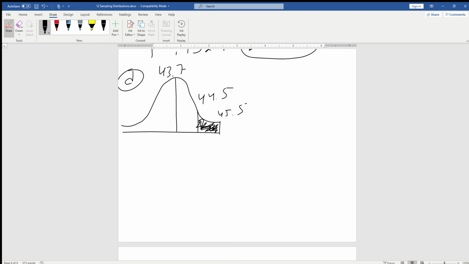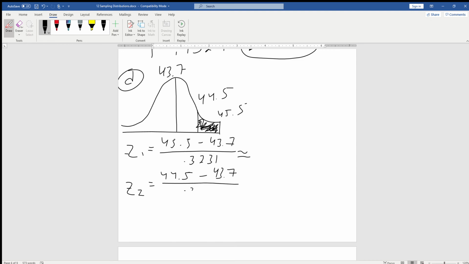Now, we have to do two z's, so I'm going to find z sub 1 and z sub 2, and then subtract for between. For z1, I always take the bigger number: 45.5 minus 43.7 divided by 0.3231. Z2 is going to be 44.5 minus 43.7 divided by 0.3231. I'm going to put both of those into the calculator.